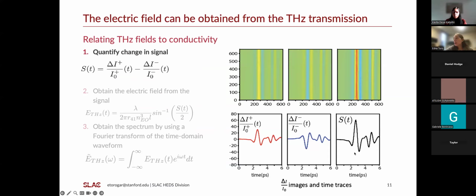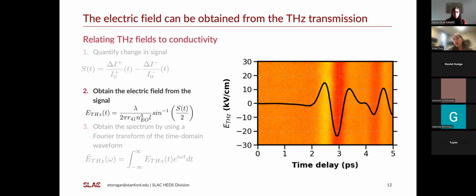And now here, once we have a signal that changes with time, we can simply change this signal directly into an electric field. We do this because of the electro-optic technique that we are using. We have a really direct way to convert that has been previously defined in the literature, and has been used in many other applications.